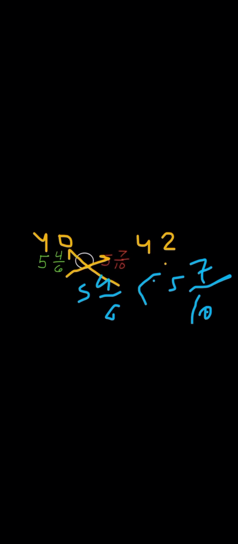They are mixed numbers. So we will do the cross. After doing the cross, in this side we have 40 and the other side we have 42. So we will rewrite the mixed numbers again. So we have that 5 and 4 out of 6 is less than 5 and 7 out of 10.